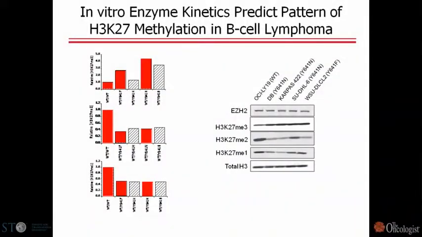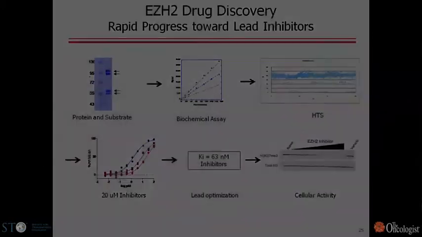Here are the results of those simulations. The pattern we see is that trimethylation would be up in the heterozygous mutant cells relative to wild type, dimethylation down, and monomethylation down. When we grew cells that were wild type or mutant, we got exactly the pattern that we expected based on the steady-state kinetic simulations.